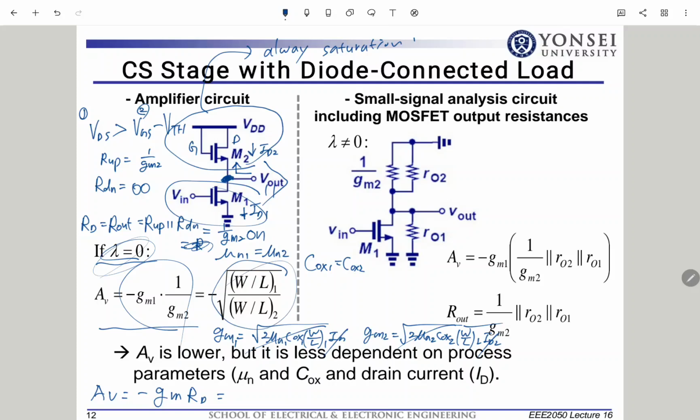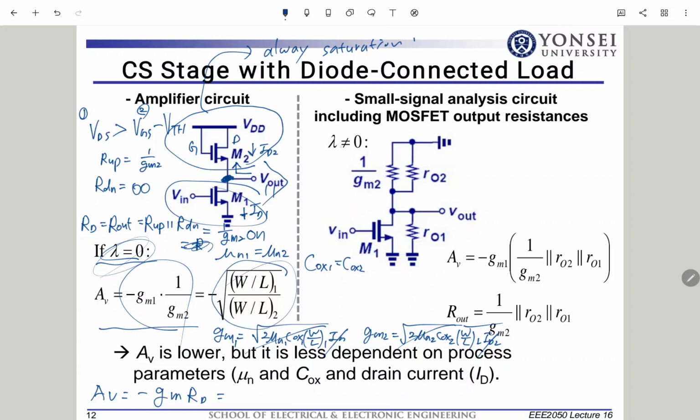Regardless of temperature change, regardless of transistor fabrication condition, this gain remains the same because you designed W over L. All right? That is good.